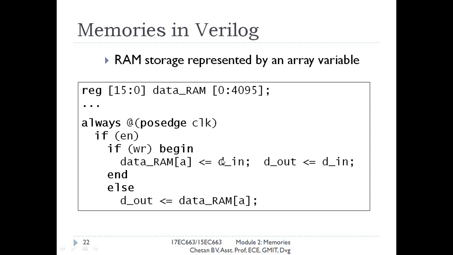That data will be applied to this location, meaning the data will be stored in this location. At the same time, as this is flow-through SSRAM, the data stored should immediately appear on the output line. Therefore, data_in is applied to data out. So once the data is stored, immediately it will appear on the output line as well.